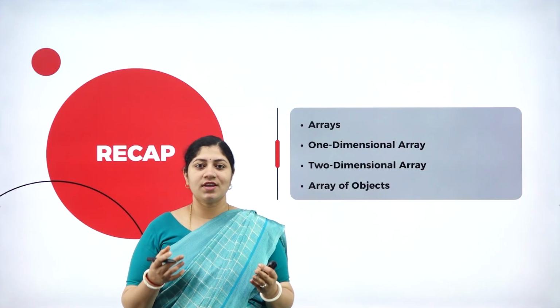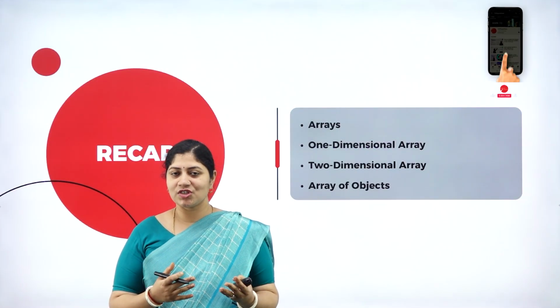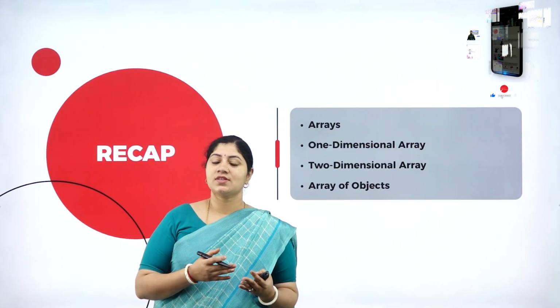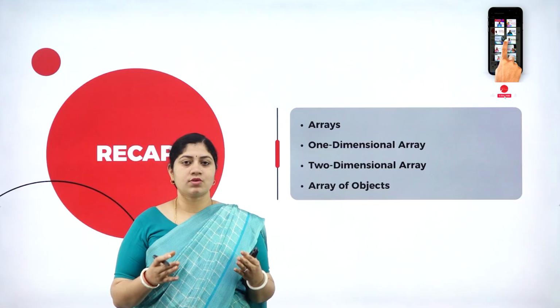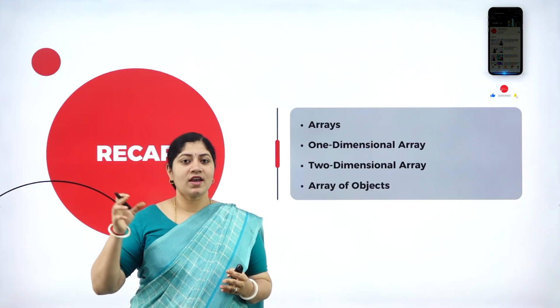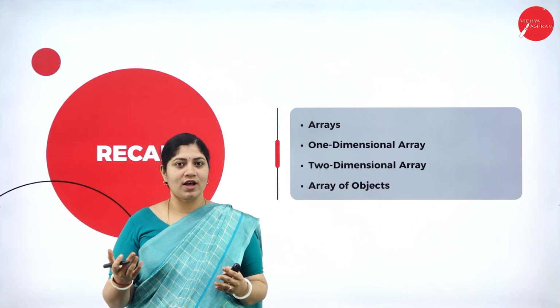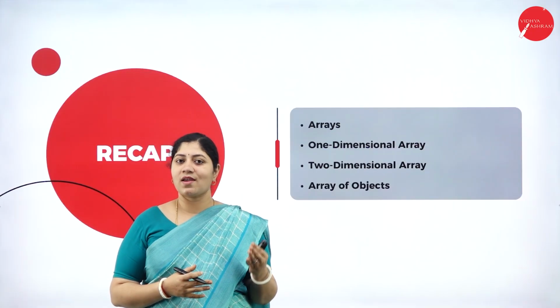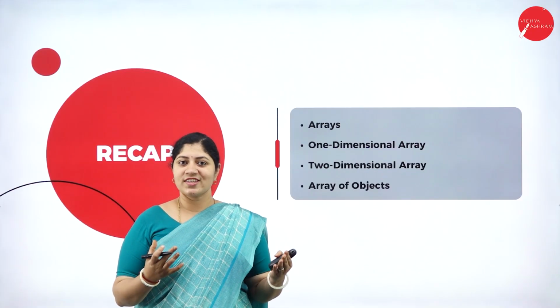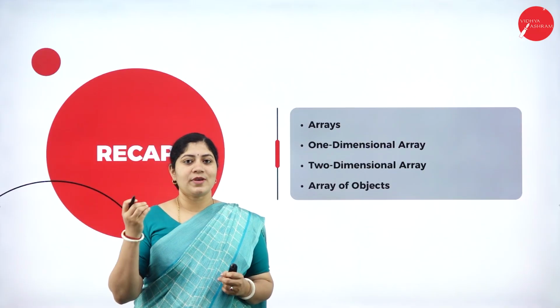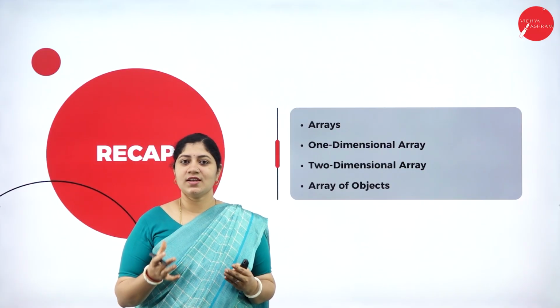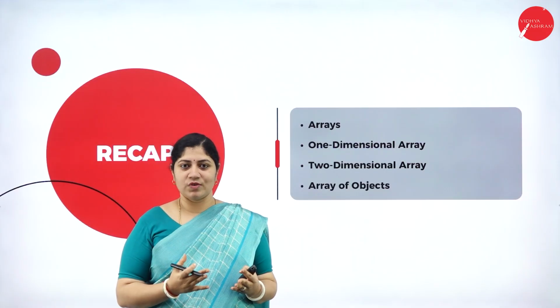Let's see what we discussed in our previous session. Yes, in our previous session, we discussed arrays, and with respect to arrays, we also discussed the one-dimensional array, then the two-dimensional array, and also something called an array of objects. If you want to understand what an array of objects is and all those things with respect to arrays, then go back and check the session 2 video.